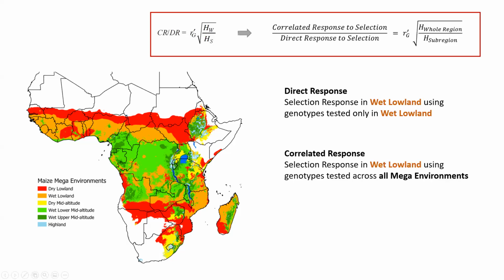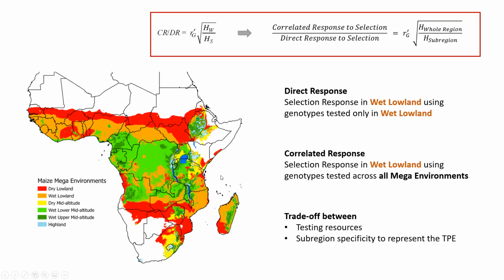The correlated response that we want to compare to this direct response would be the selection response in wet lowland, so in these orange regions, based on genotypes that are tested across all of these mega environments. So we want to share and extract information from other environments, and that only makes sense if the information we get from these environments is useful.